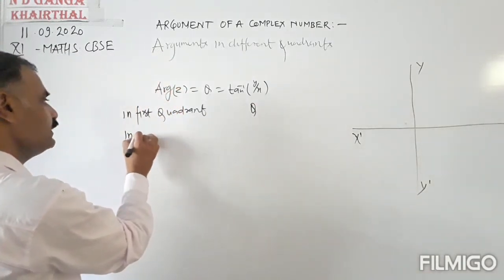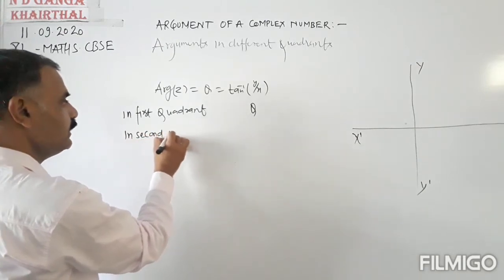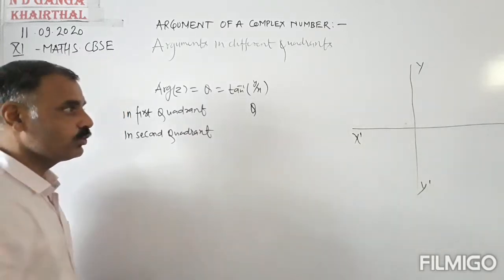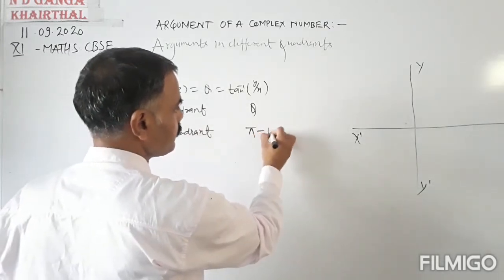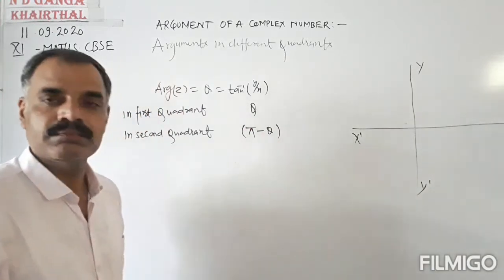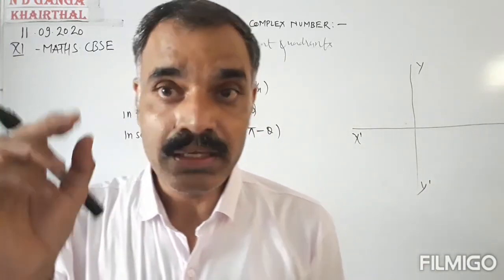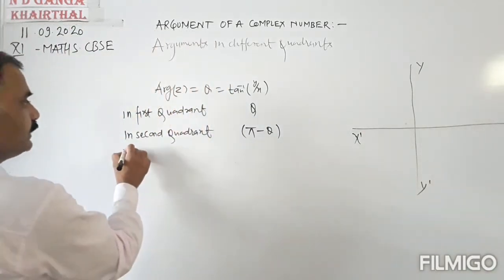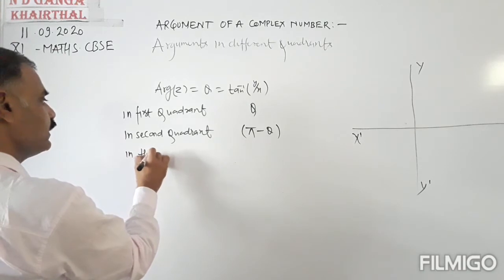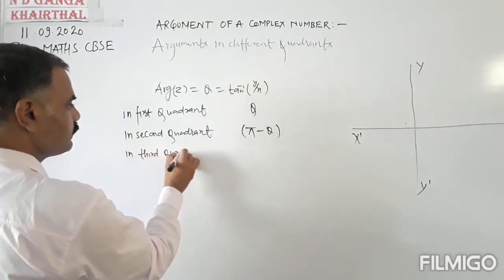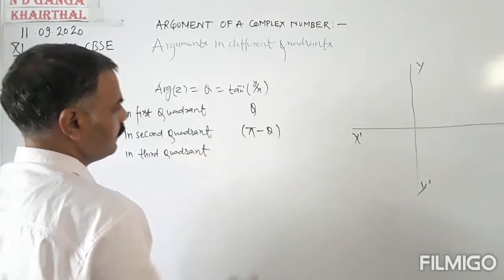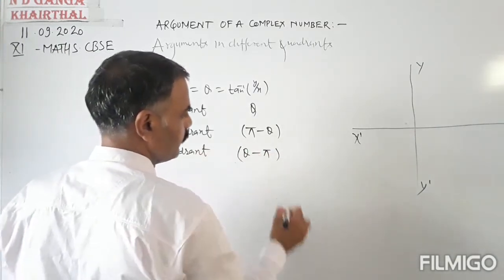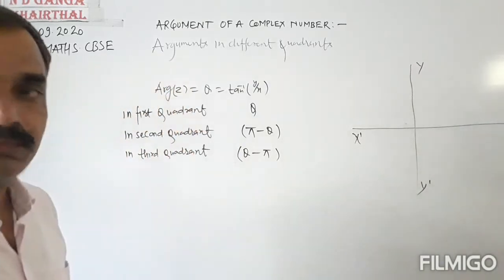But in second quadrant, the argument is pi minus theta. Now in third quadrant, the argument is theta minus pi.